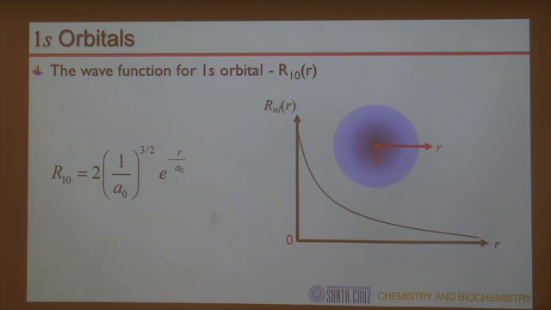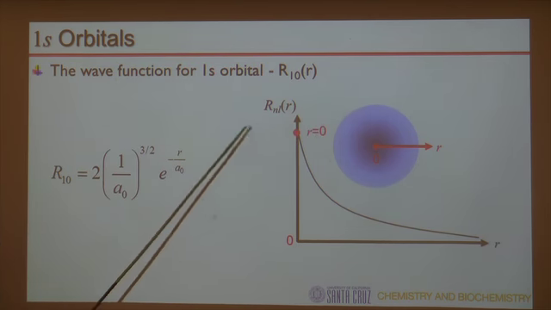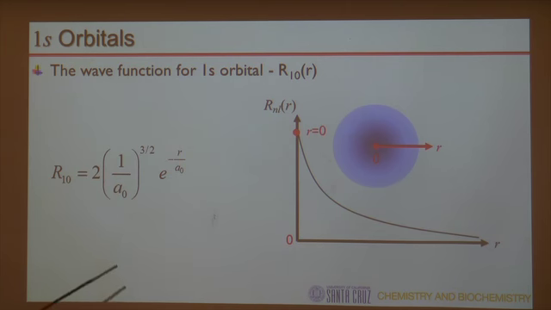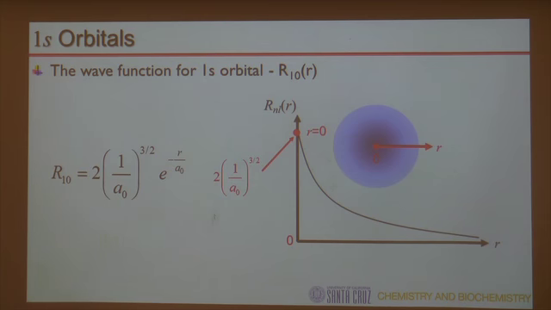Okay, there are several things I want to mention. The first thing is that the maximum point for sure is at r equals 0. And if r goes to positive infinity, what should R1,0 approach? It approaches 0 as well.